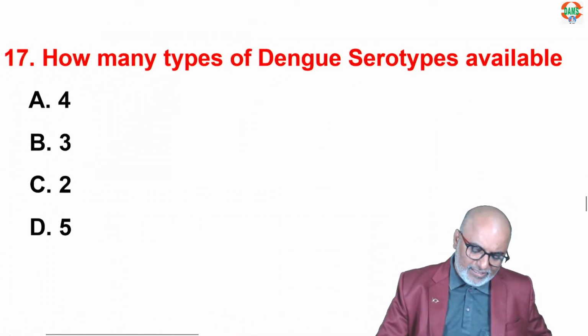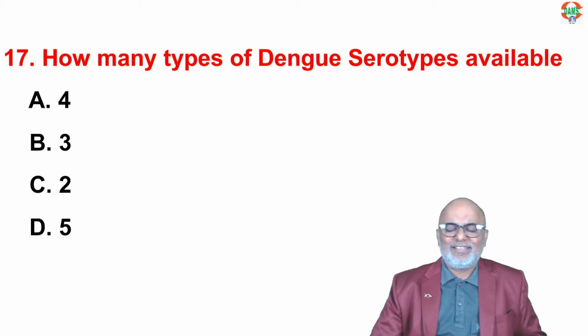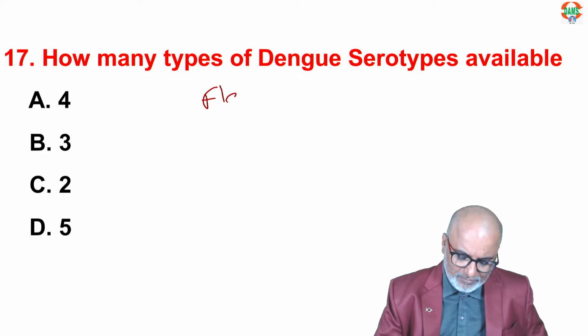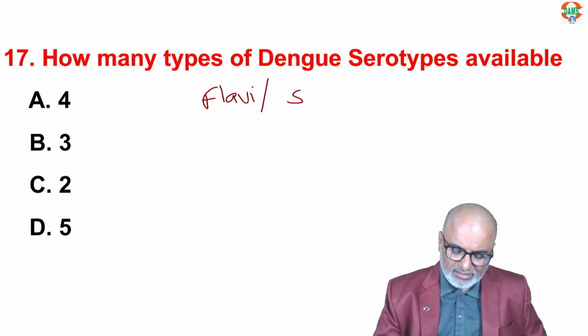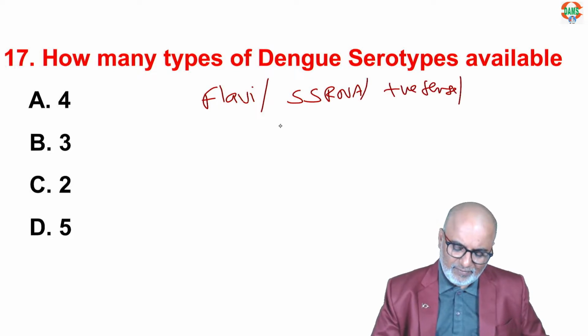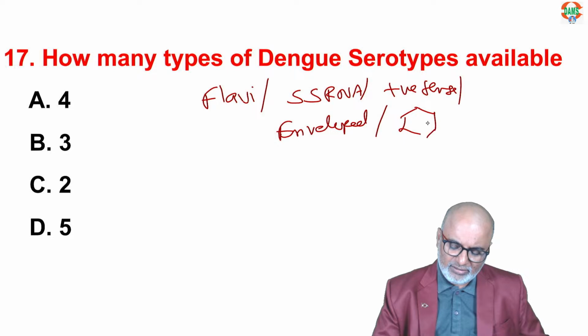Next: how many types of dengue serotypes are available? Dengue virus, everybody knows it is Flaviviridae: single stranded RNA, positive sense, enveloped, icosahedral symmetry.